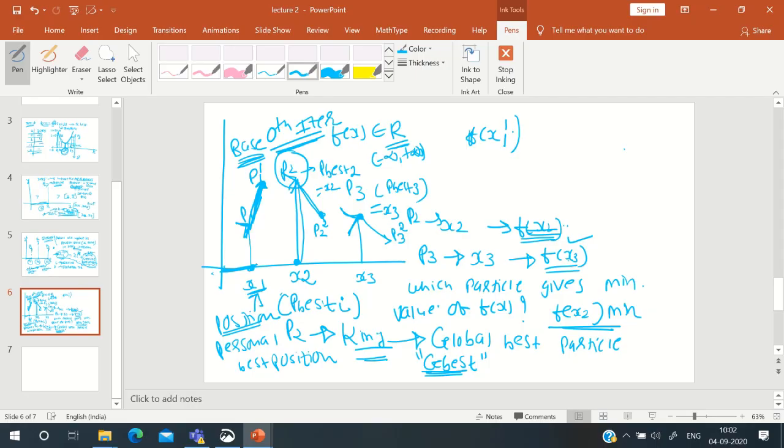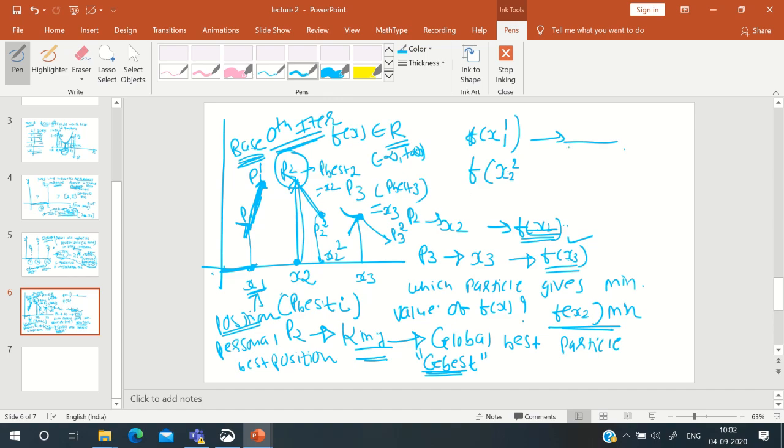So f of x1 superscript 1, we will find this value, we will obtain some scalar value. Similarly, in the function f of x, substitute x by x2 superscript 2, or this p2 superscript 2. It means this is x2 superscript 2, right?